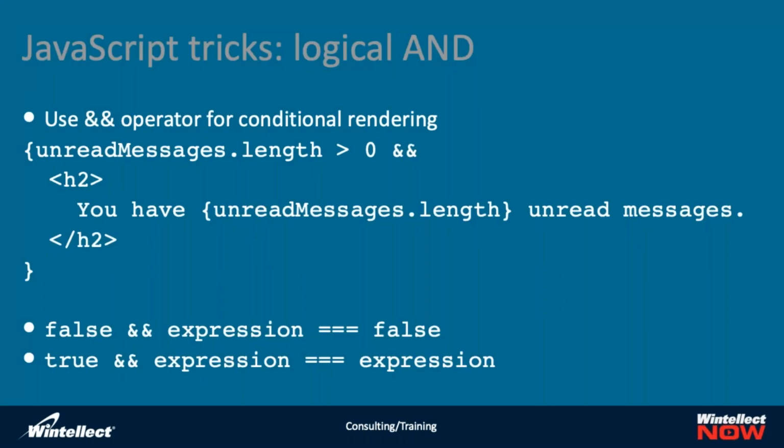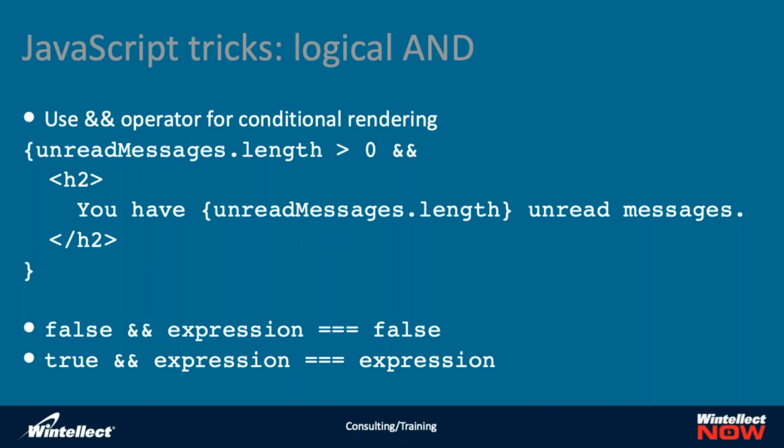So the first one I want to talk about is using the logical AND to do conditional rendering. In this example here, we're saying unreadMessages.length is greater than 0, and then we use the logical AND, and after that have what renders. The idea here is that if there are unread messages, then you want to display a message.